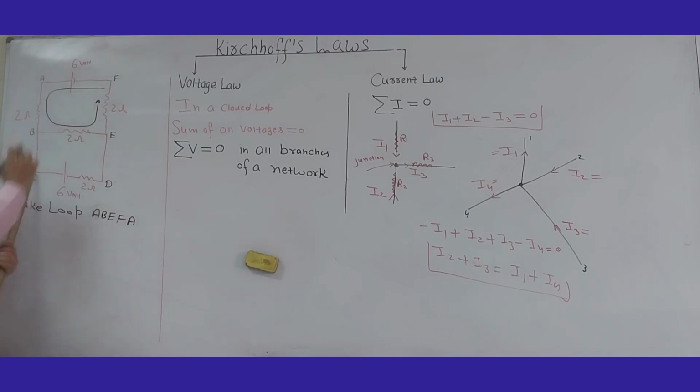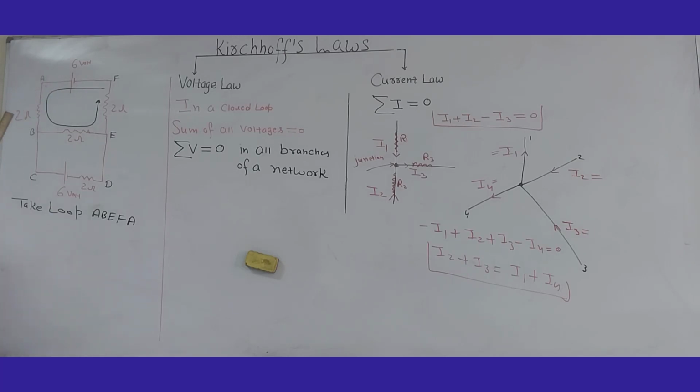You see, I meet the negative terminal of the battery, right? So I am moving from the negative terminal to the positive terminal. It means I am moving from lower potential to higher potential, because the negative terminal has low potential and the positive terminal has high potential.